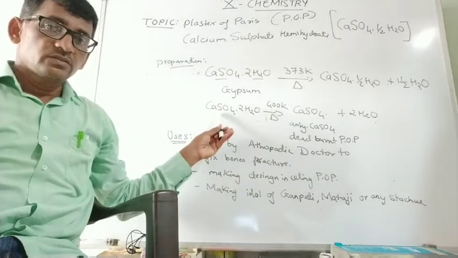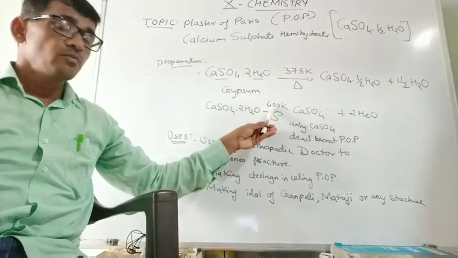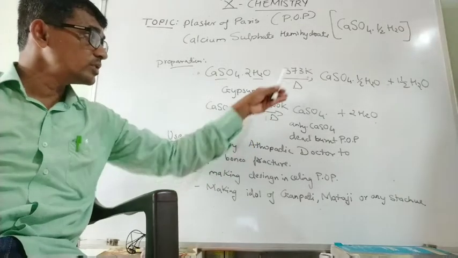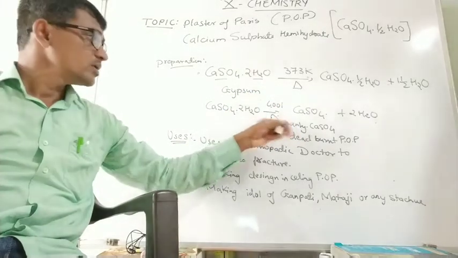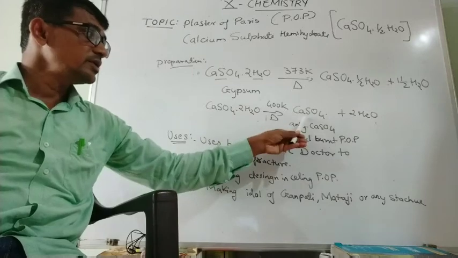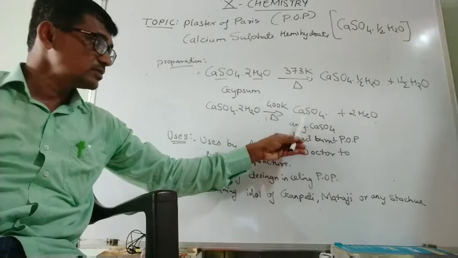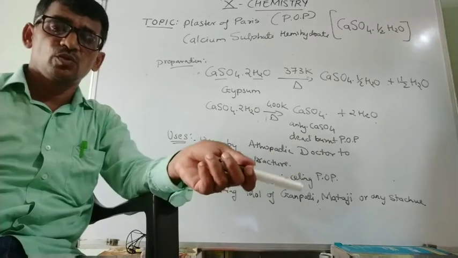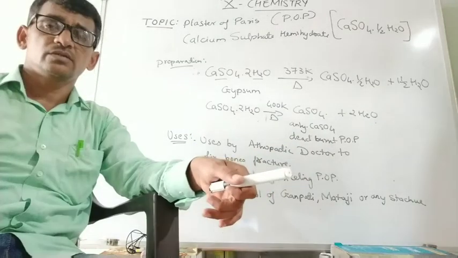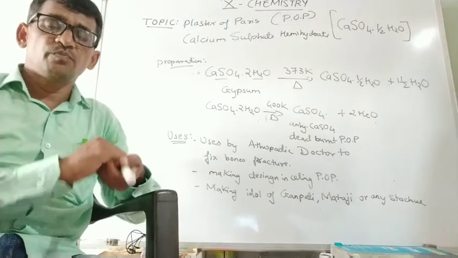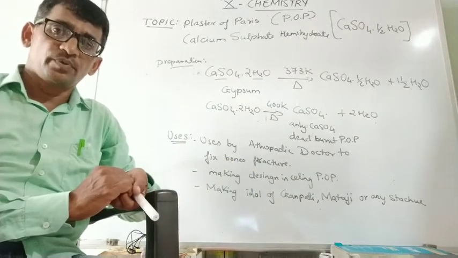If gypsum is heated more than 400 degrees Celsius, then both water molecules are removed and it is converted into anhydrous calcium sulfate, CaSO4. Water is removed. That is known as dead burn POP. If you add water to that, the strength of POP will not be obtained.